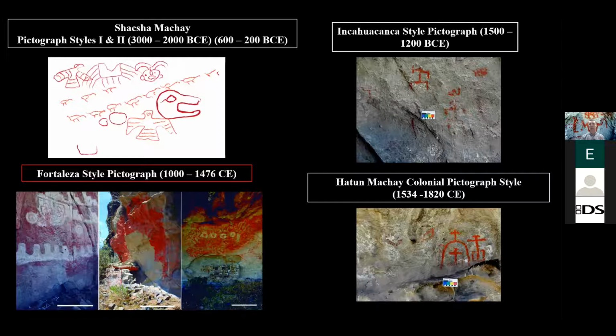And then after a long gap, we have what's called the Fortaleza pictograph style during what is called the late intermediate period in the Andes. This is from around the year 1000 to 1476 AD, and is characterized by these very large red blobs and pictograph panels that are associated with these chulpa structures in mortuary architecture. And then lastly, we have our Hatun Machai pictograph, colonial pictograph style, which is obviously during the colonial period. And we can see this Christian iconography in the lower right-hand corner.